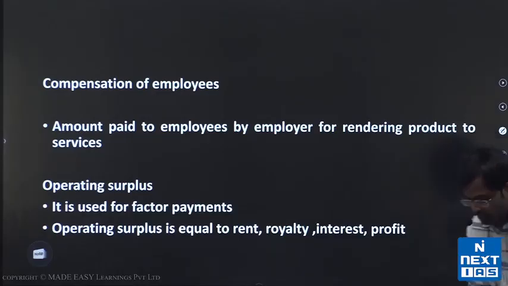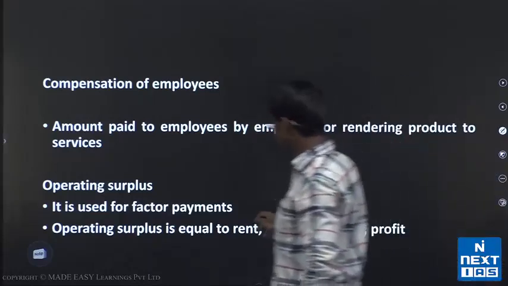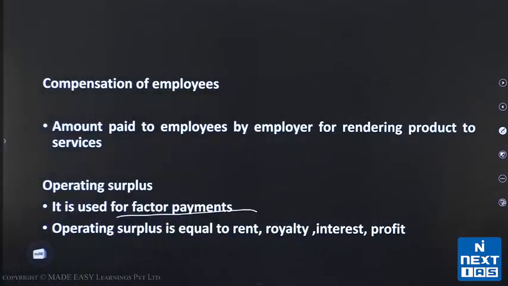Look at number 2, operating surplus, OS. OS is used for factor payments.